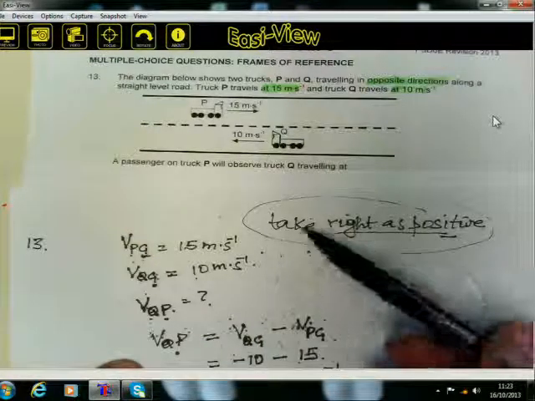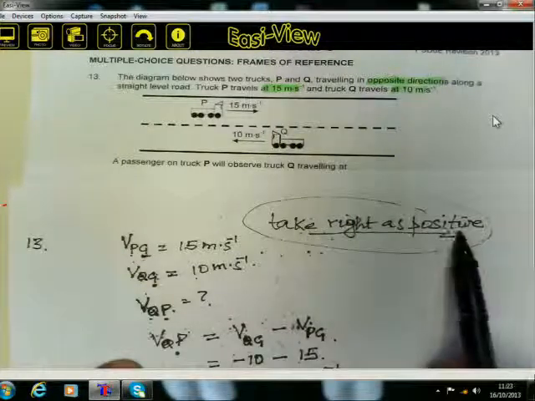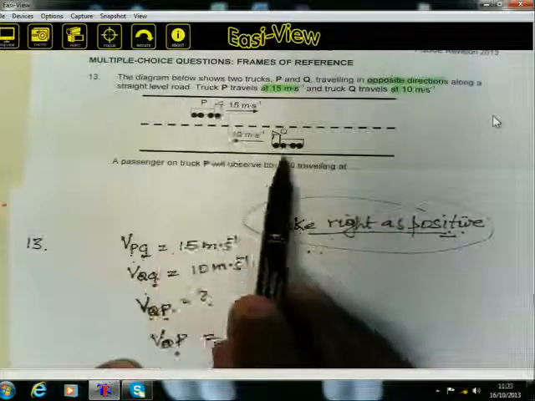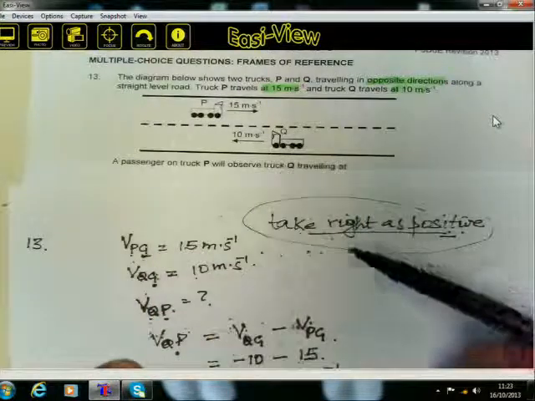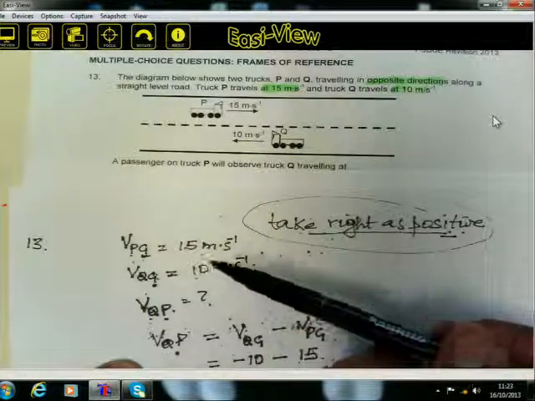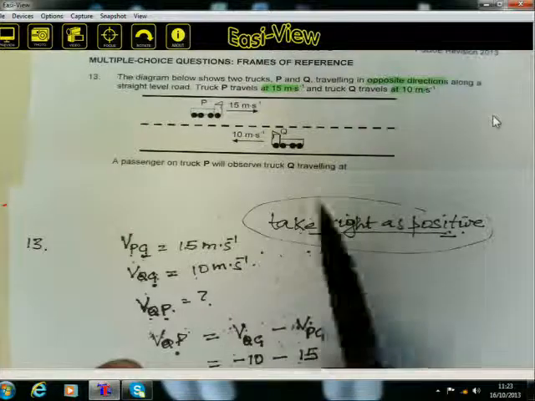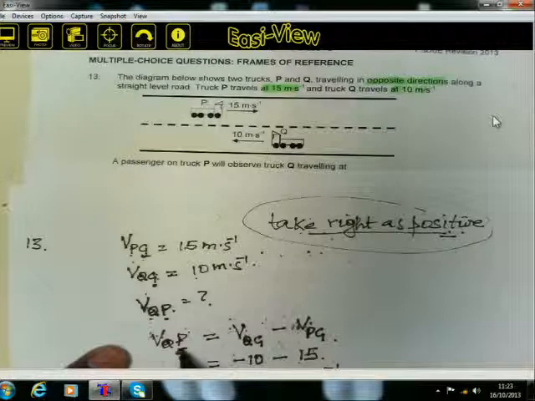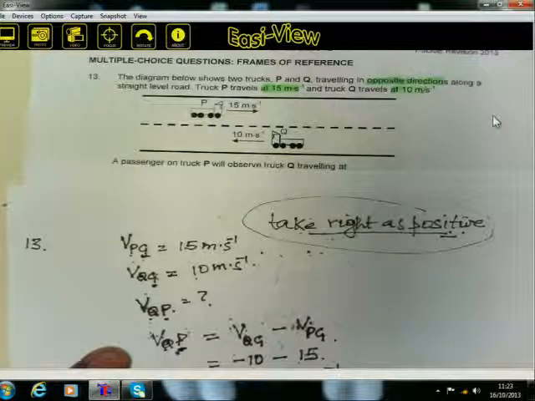In the direction to the left, since we said the direction to the right is positive. So P is moving to the right, but P sees Q moving in the direction left. Hence why we see that. So P is the observer, hence why P is placed here. P is the one that sees Q moving. I hope that clarifies it.